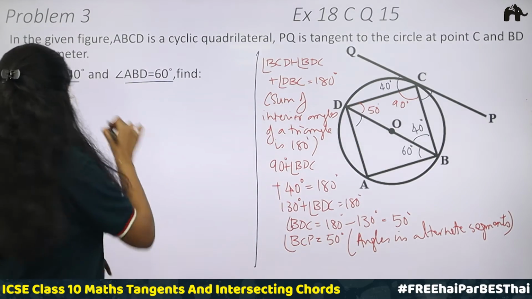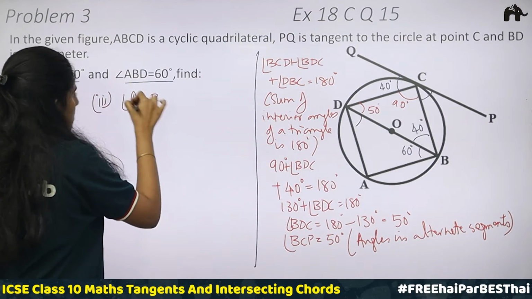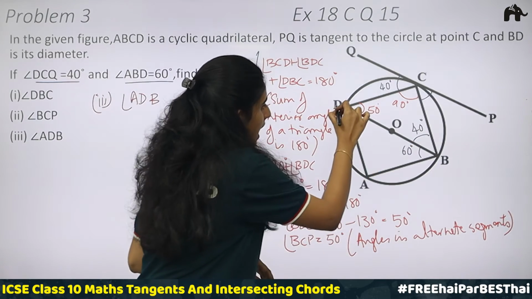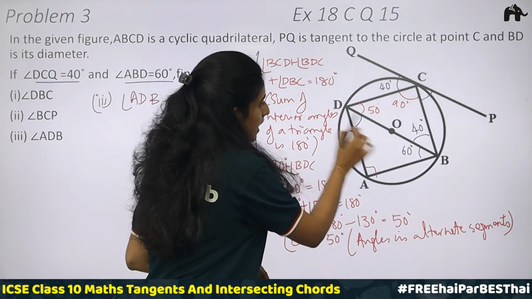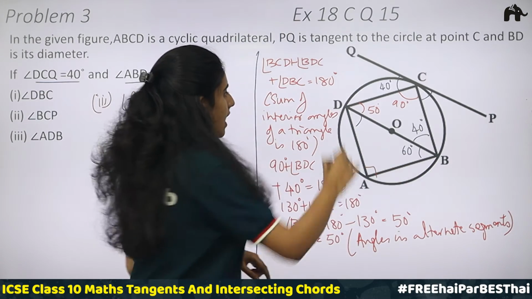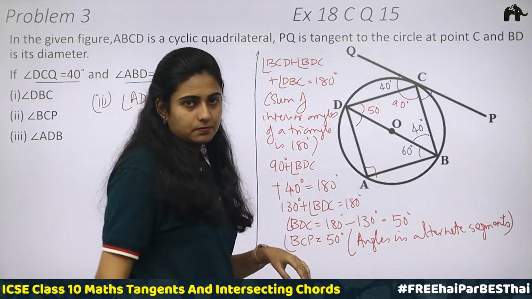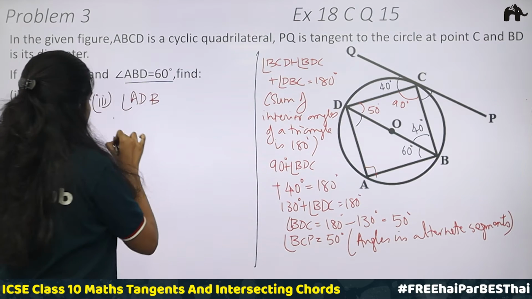Next, the third part, we have to find angle ADB. ADB, this angle. Here, we will be having angle DAB equal to 90 degrees. What is the reason? DB is the diameter and the diameter subtends a 90 degree angle on the circle. Or this is the angle in the semicircle.